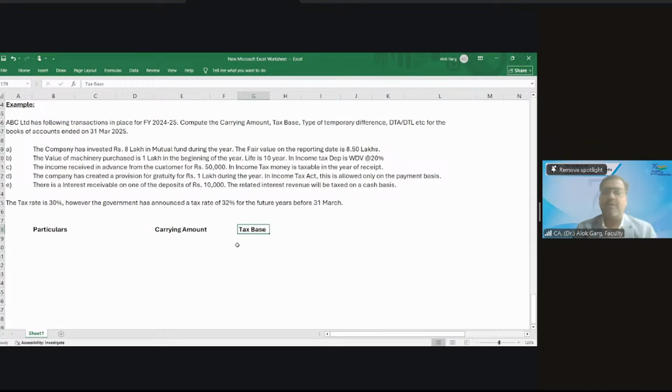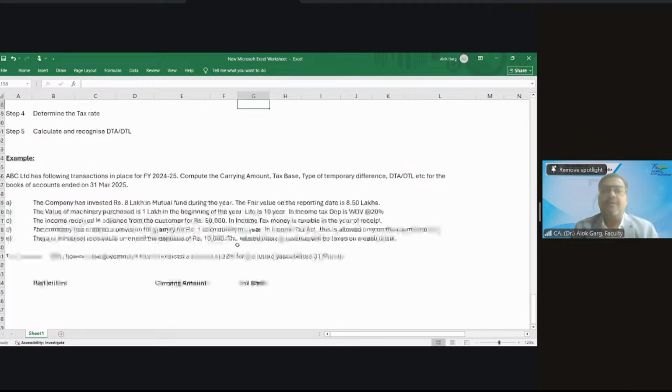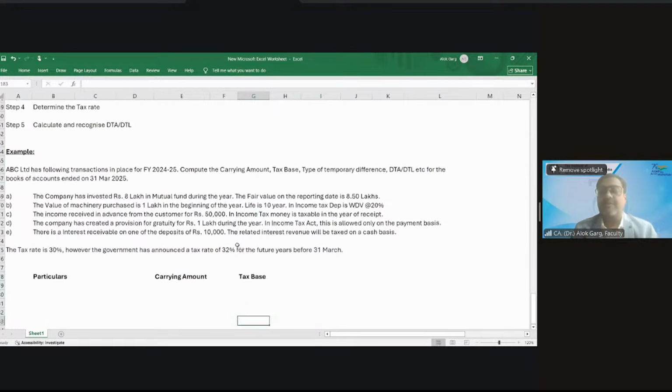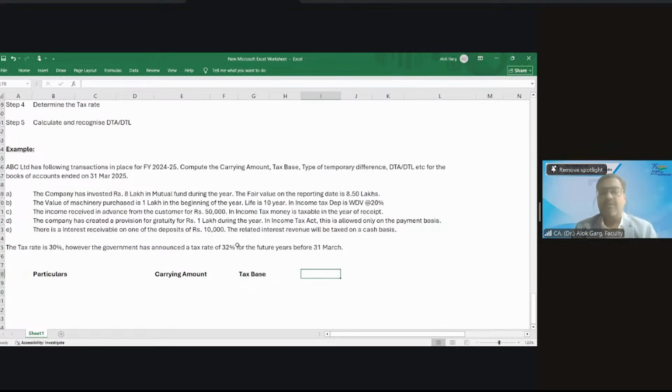Then you need to compute temporary differences. In temporary difference, I'll do two things. Number 1, type of temporary difference, and amount of TD.